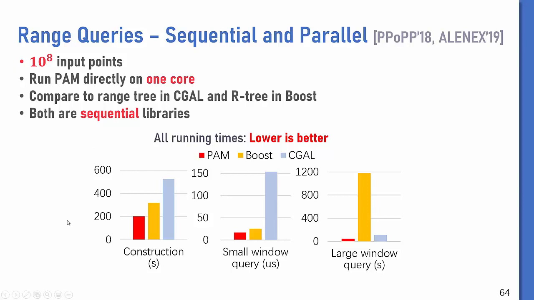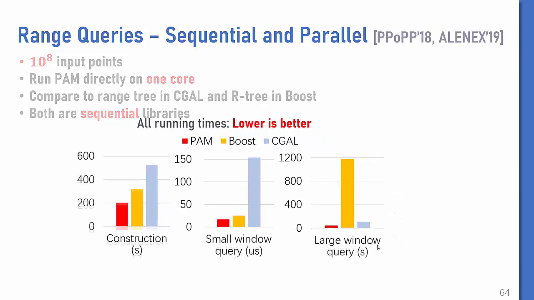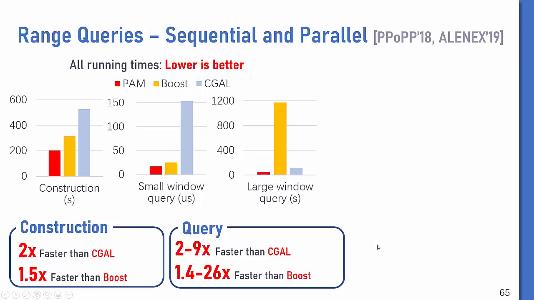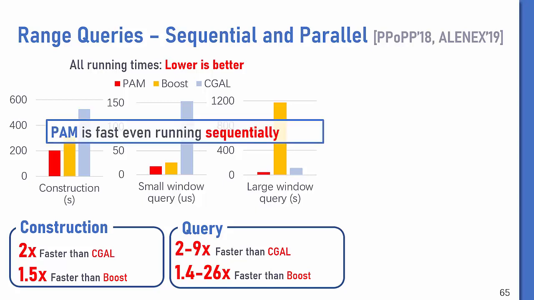Now this figure shows the running time, so lower is better, and the red bars are for PAM. We have construction time, query time for different query types, small or large windows, and in all cases, PAM outperformed the other 2 implementations by from 1.4 times to up to 26 times. This tells us that our implementation is fast, even running sequentially.